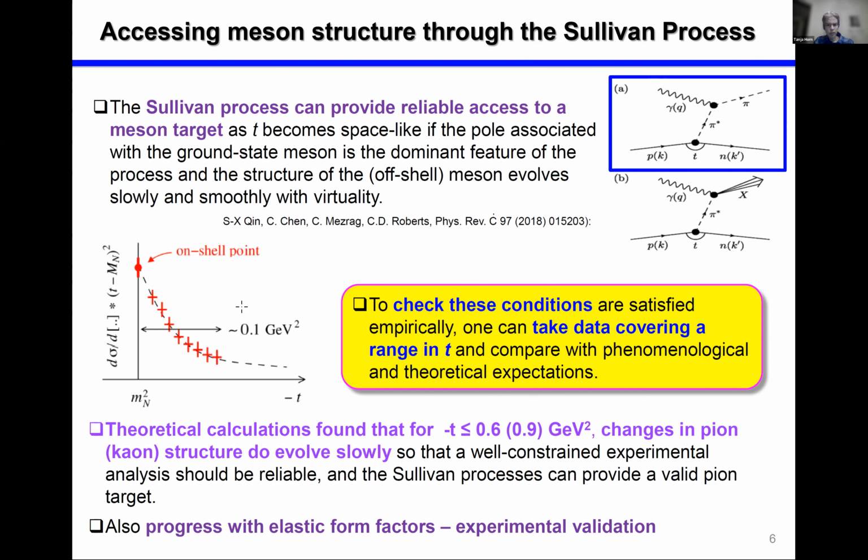To check this condition, which is of course the first and very important step, we take data as a function of t, as shown in this diagram here, covering as wide a range in t as possible, and compare with phenomenological and theoretical expectations that extrapolate to the on-shell point. If this agrees, then one can go ahead with the experimental extraction, which of course has to be done with a careful analysis as well.